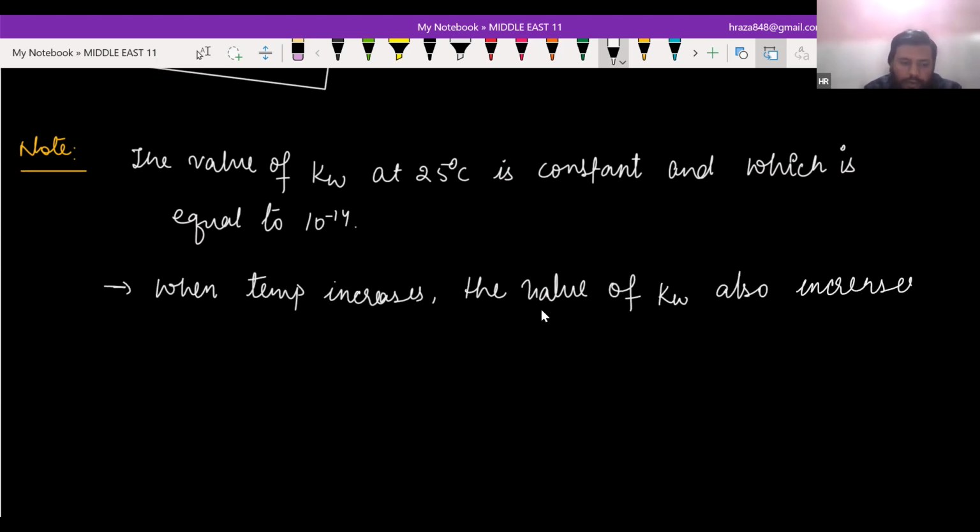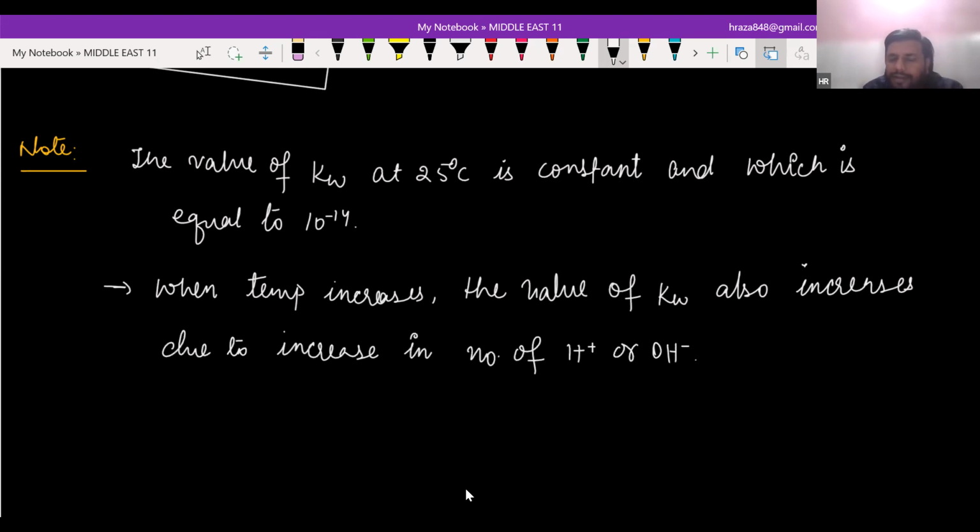The value of Kw also increases due to an increase in the number of H plus or OH minus. If we increase the temperature, the concentration of H plus increases and OH minus increases as well, so Kw also increases. So I can write Kw will be equal to H plus into OH minus, that will be equal to 10 raised to the power minus 14.